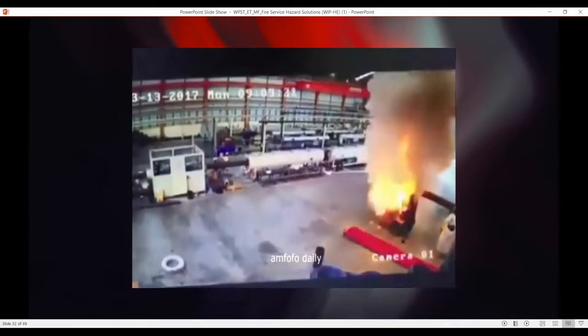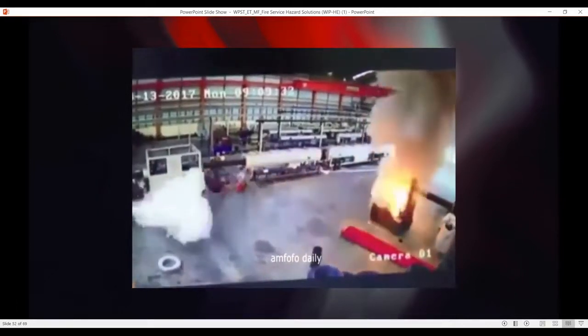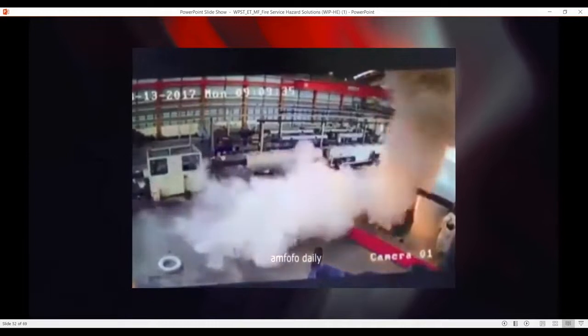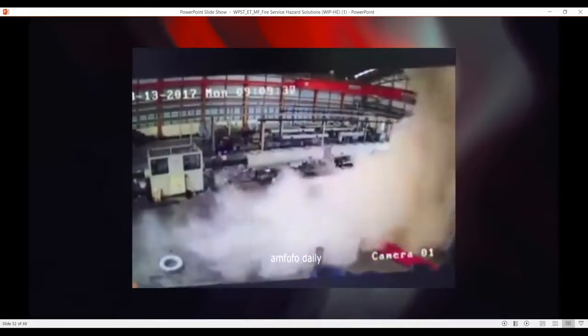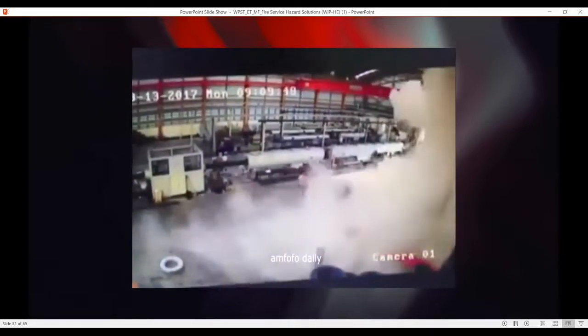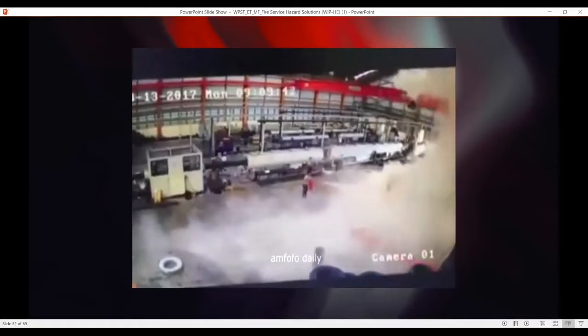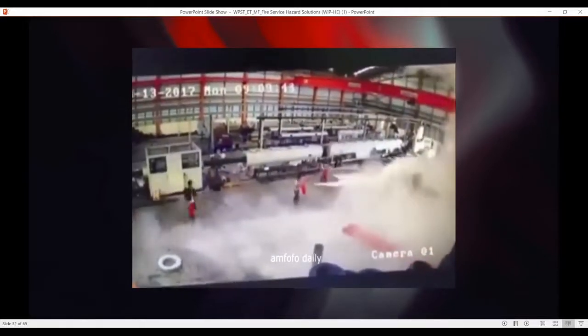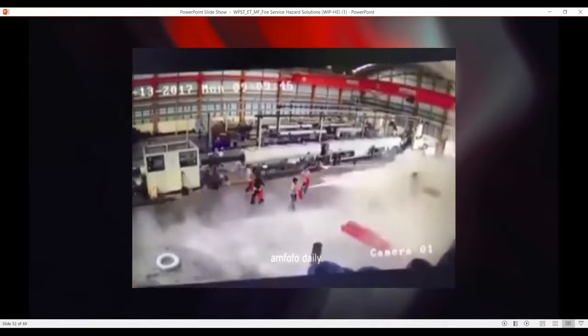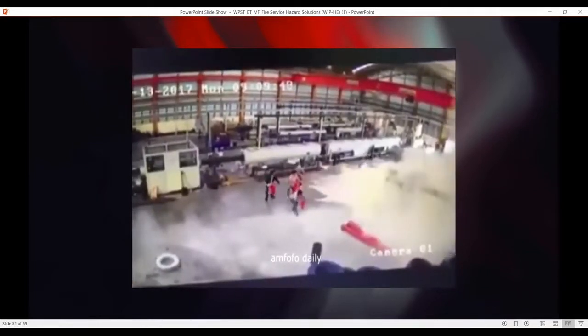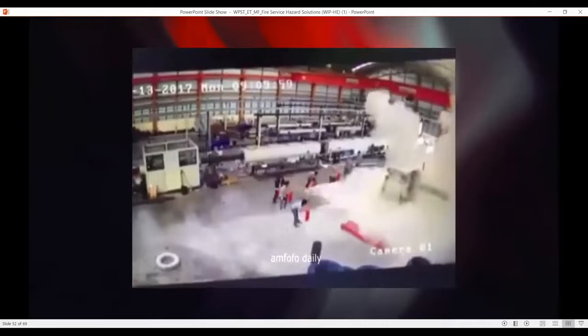So you see the first guys attacking from the right. Here comes the other employees in from the left with additional extinguishers. You're going to see even a few more are going to come running in now with even more extinguishers. I think we're up to 5 or 6 extinguishers now discharging on this forklift.